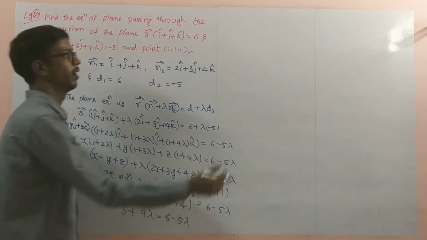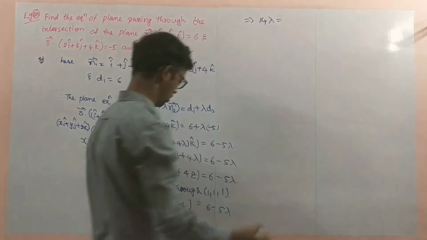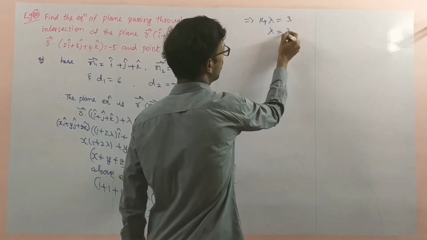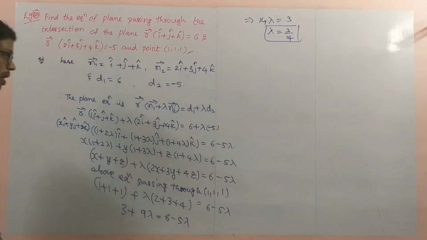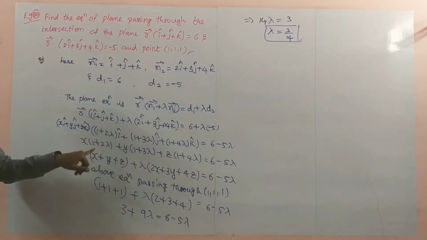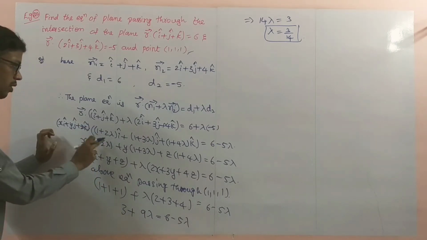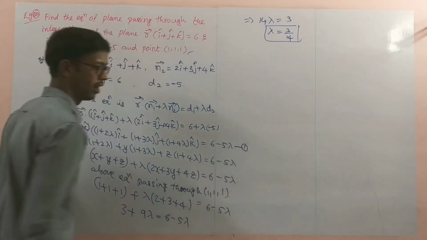Now simplify: 14 lambda equal to 6 minus 3, which is 3. Lambda equal to 3 by 14. Take this equation as number 1.